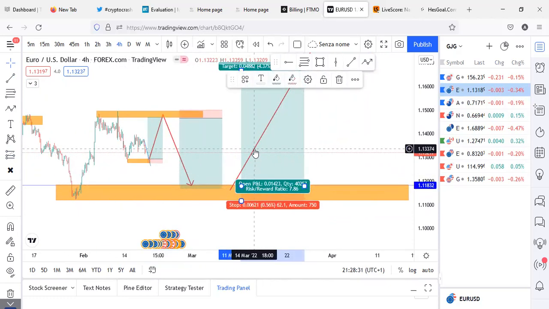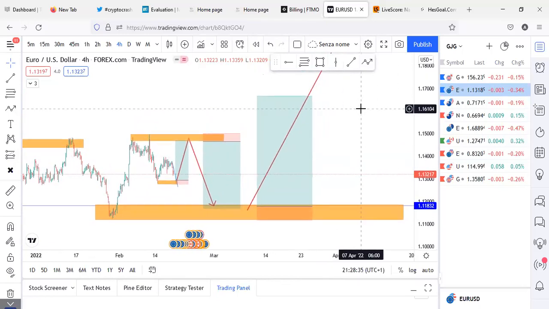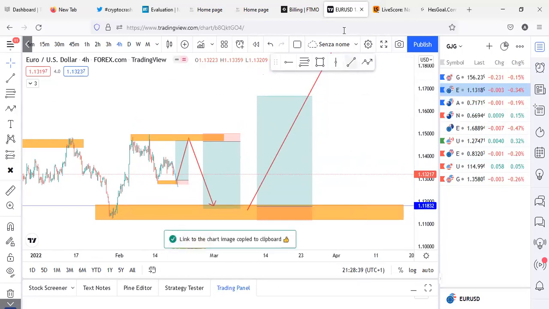Yeah, so this is basically what we're looking for. This is just it. So I've explained the points.